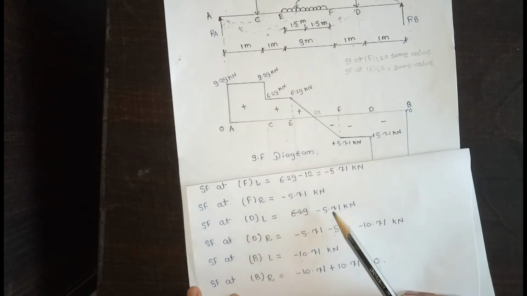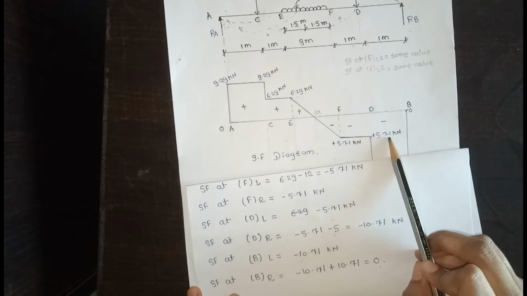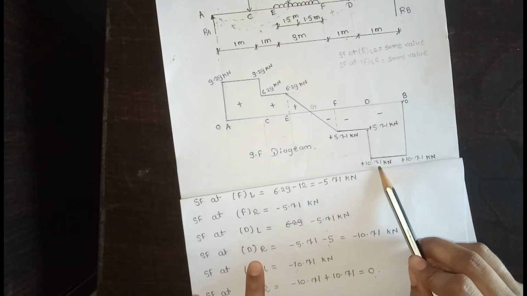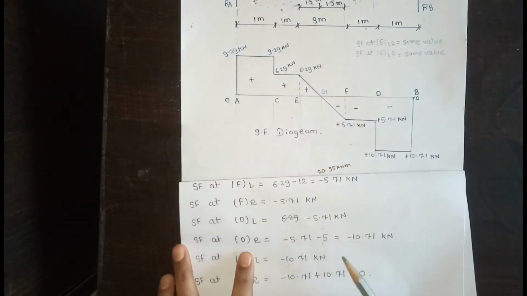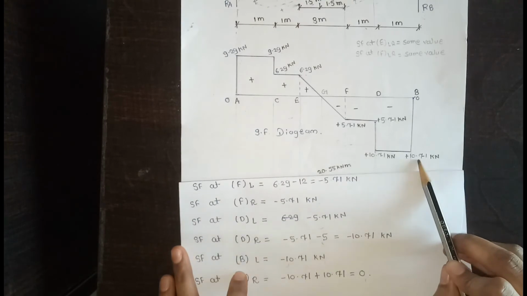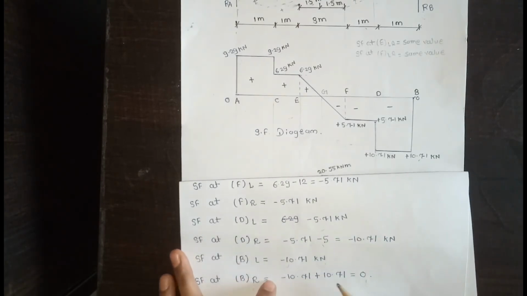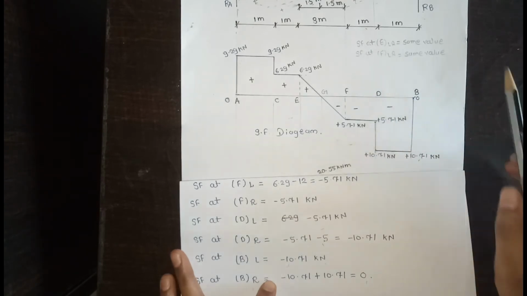Then D left minus 5.71. Then D right minus 10.71. B left minus 10.71, B right minus 10.71 plus 10.71 is equal to 0, means B right is equal to 0.